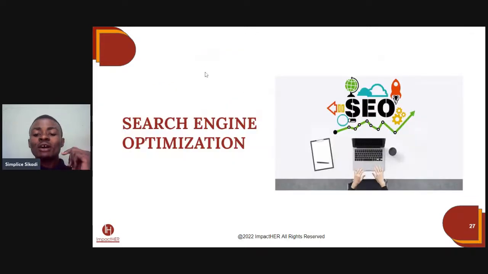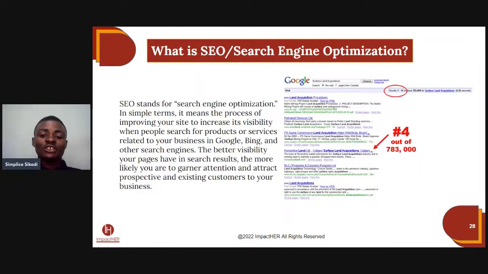Yeah, so let's talk about search engine optimization. What is search engine optimization? Some of you, when you go on Google and type something, Google has become our friend today. When you need anything, usually the first thing that comes to your mind is Google.